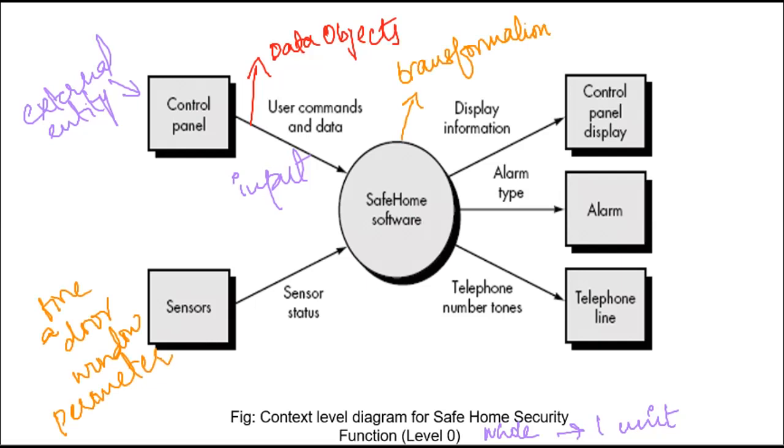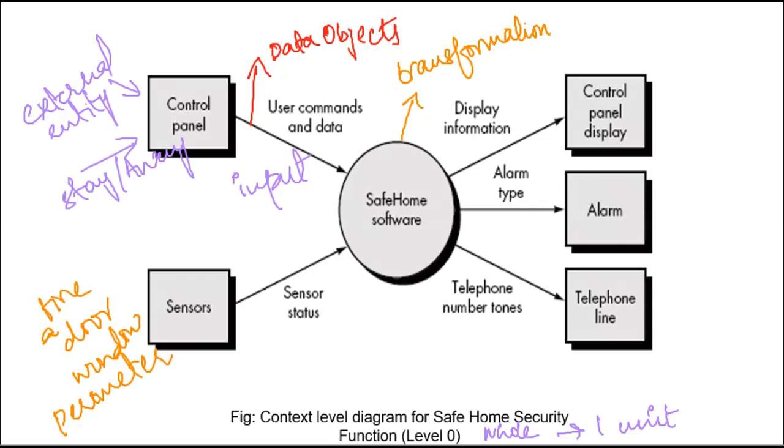The different sensors are going to give input to the SafeHome software based upon the input generated by the control panel. The input for the control panel can be the stay function or the away function. Any movement detected by the sensors can be taken as input by the SafeHome system.